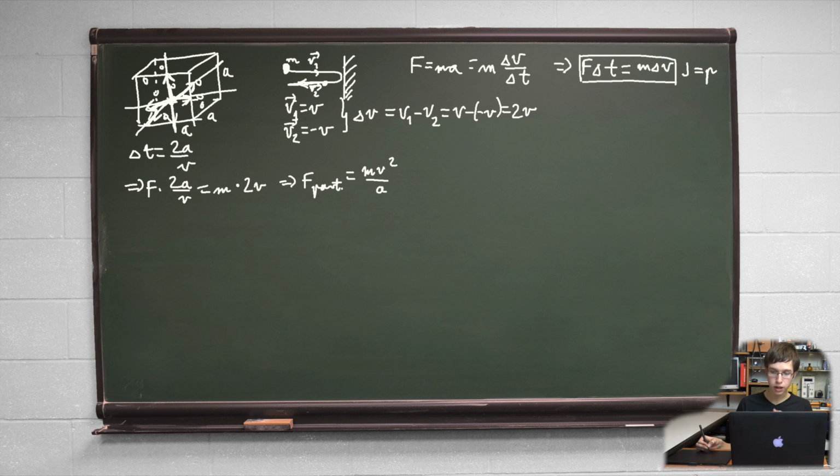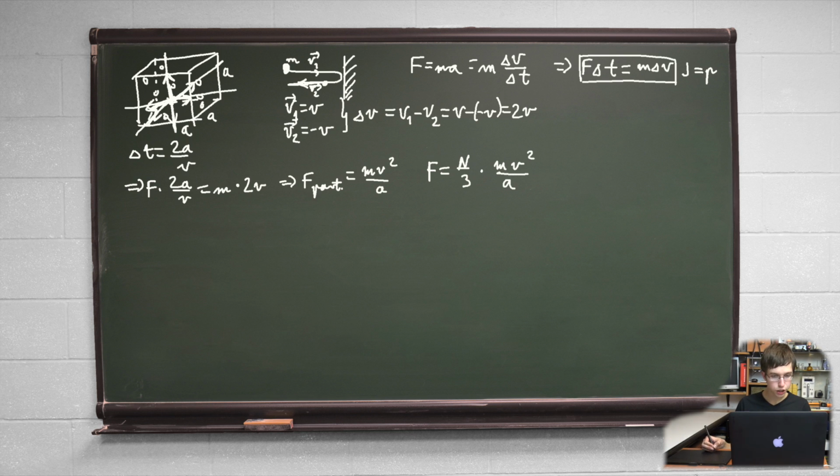So the total force in one direction, this, or this, is equal to N over 3 times the force of a particle, which is mv squared over a.